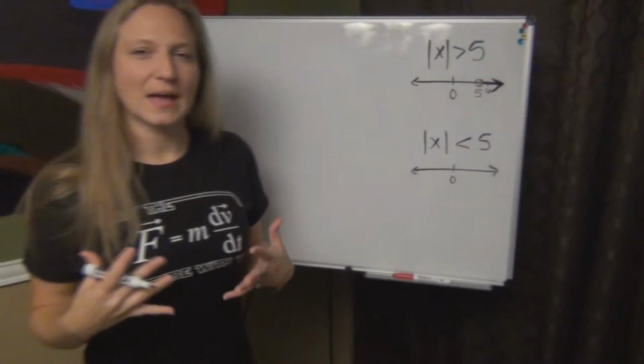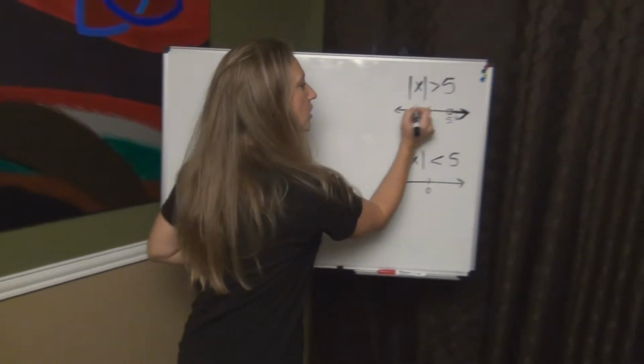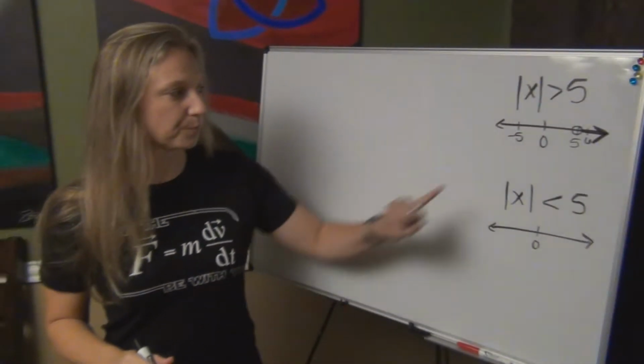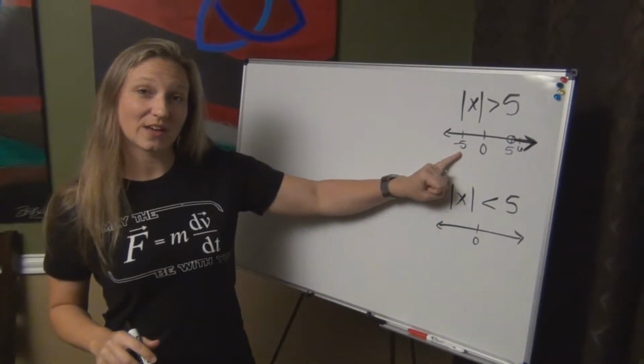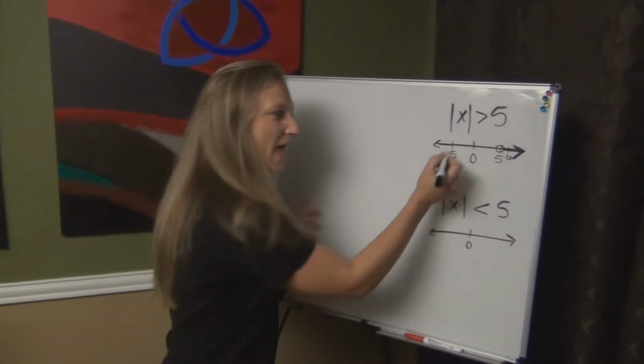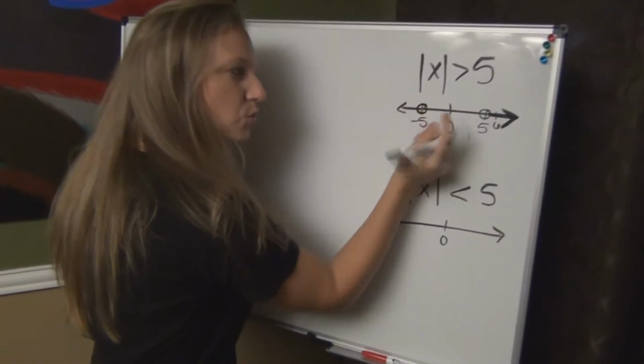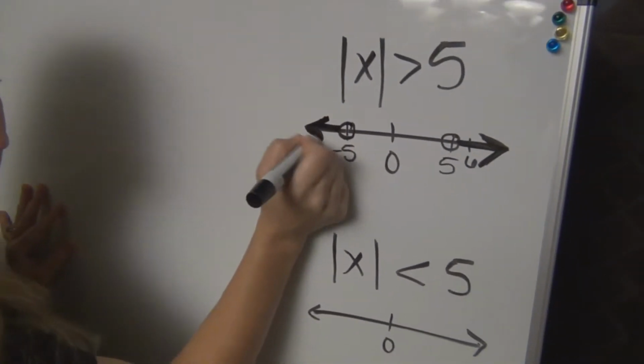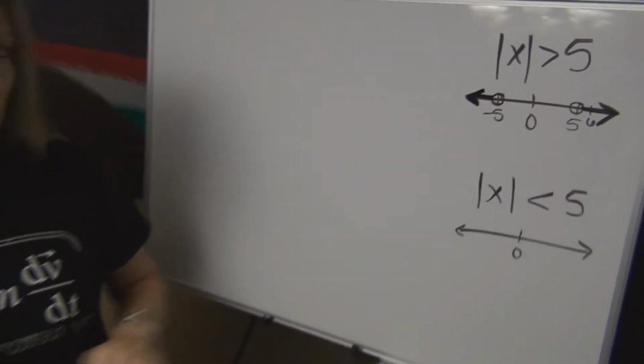But when we think about the absolute value, we also know that if we plug in negative 5, it could make this solution true, because the absolute value of negative 5 is also 5. Everything right up to that point would make it true, and everything less than it would also make it true.